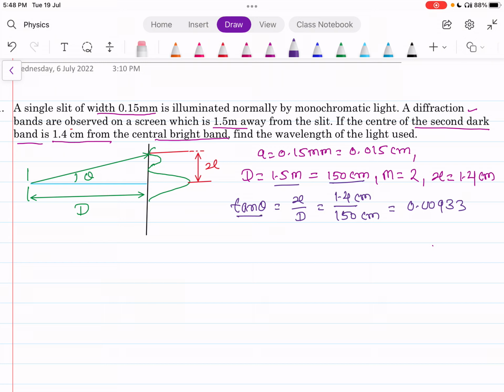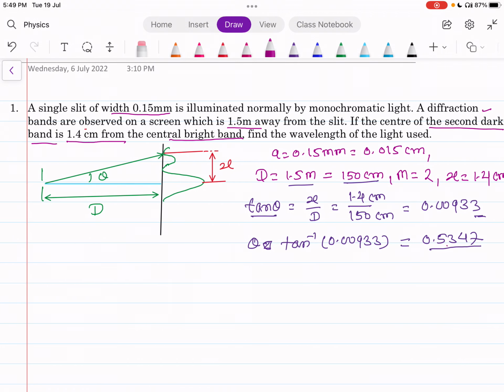But that is tan theta. So theta is equal to tan inverse of 0.00933, which is equal to 0.5347. You can also consider, since theta is very small, tan theta equals theta and directly take this value. But anyway, we are calculating theta, which is 0.5347.